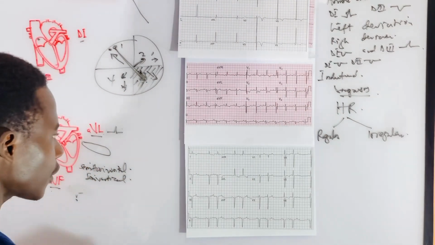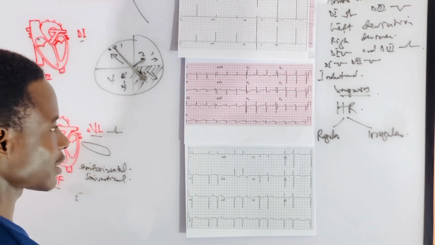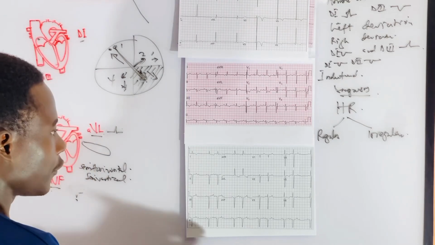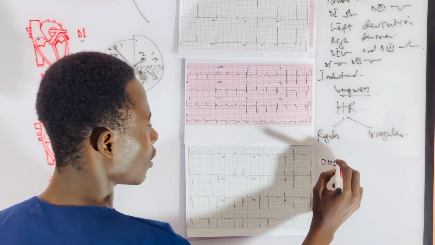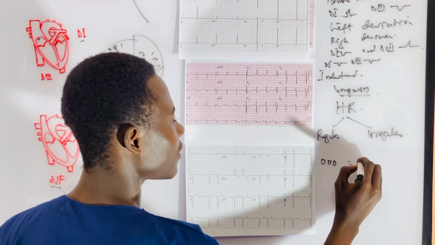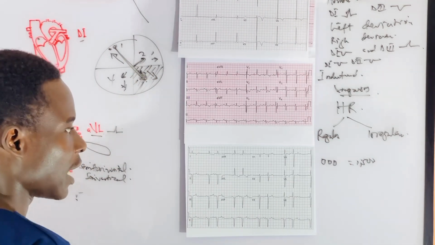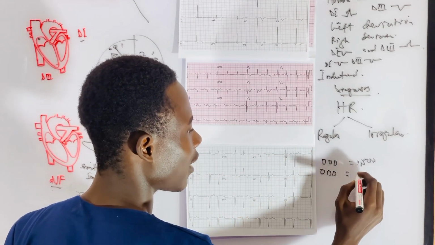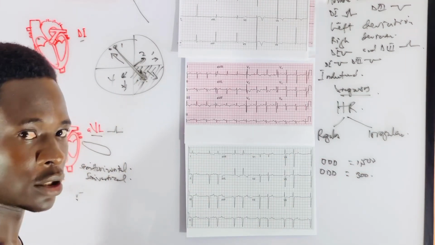Now, if you take the graph, in our last meeting, I made mention of the small boxes and big boxes. If you take the small boxes, we have about 1,500 small boxes in there, and if we take the big boxes, we have about 300. Do you understand?